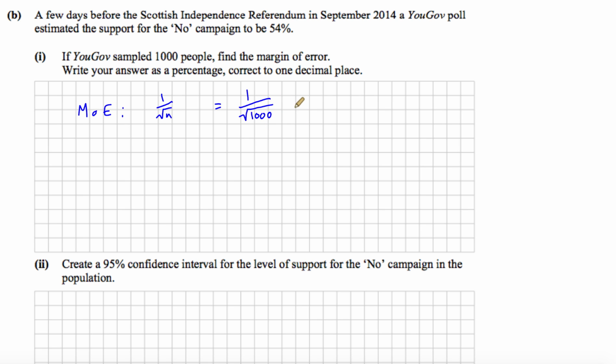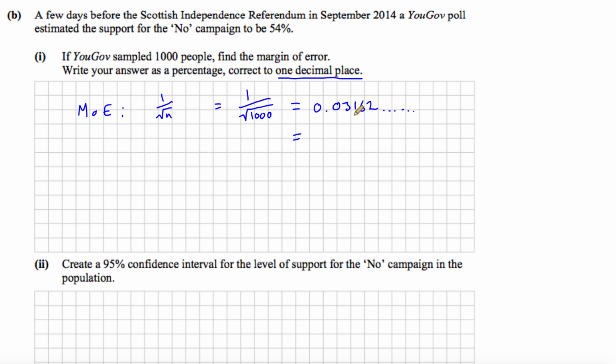And if you put this into your calculator, that's going to give you a value of 0.03162, and on like that.